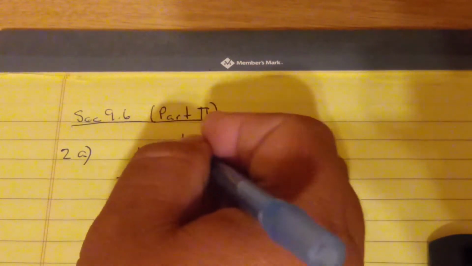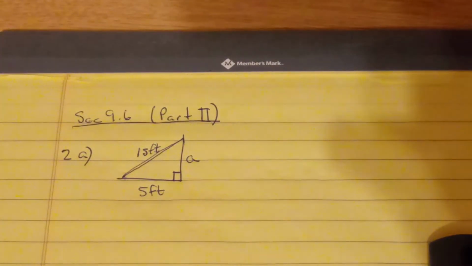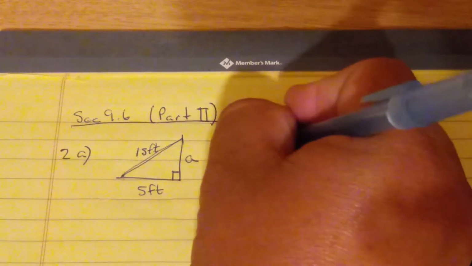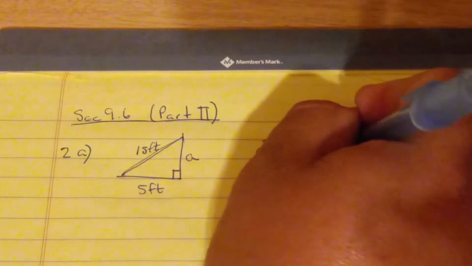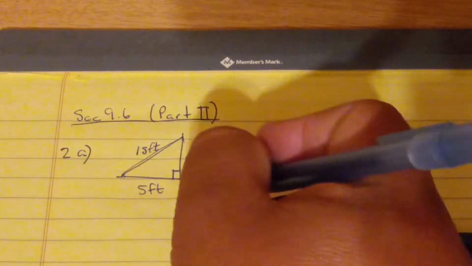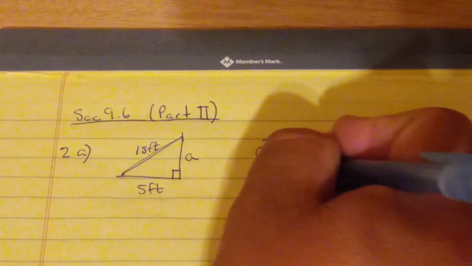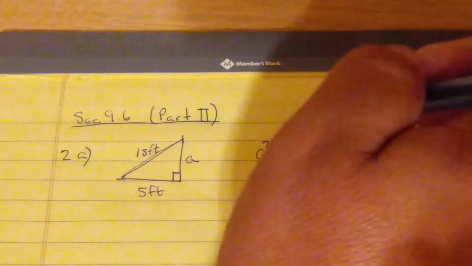So what you're trying to figure out is how high it is. In other words, you're trying to solve for A here. So go ahead and substitute into the Pythagorean Theorem. We don't know A, that's what we're trying to solve for. We know B, which is our base, which is 5 feet, so we're going to square that. And we're also going to square the 15.